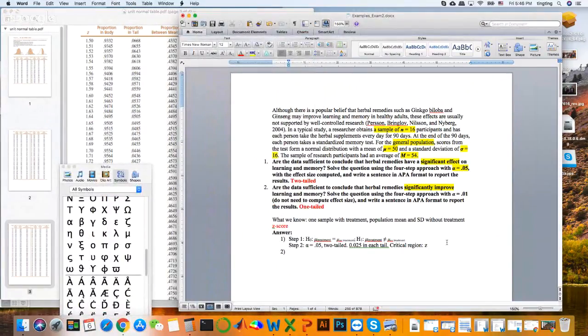Because it's a two-tailed test, the critical region is z smaller than the negative number and z greater than the positive number. So we finish step 2.